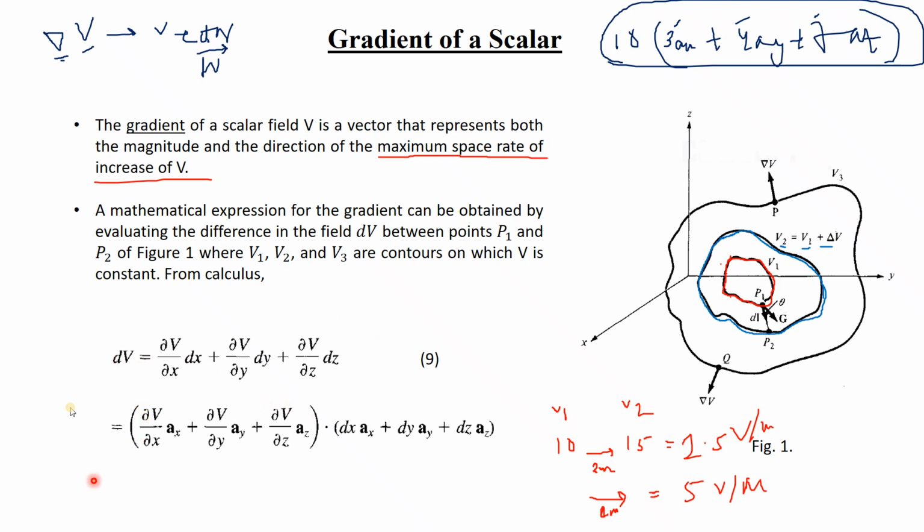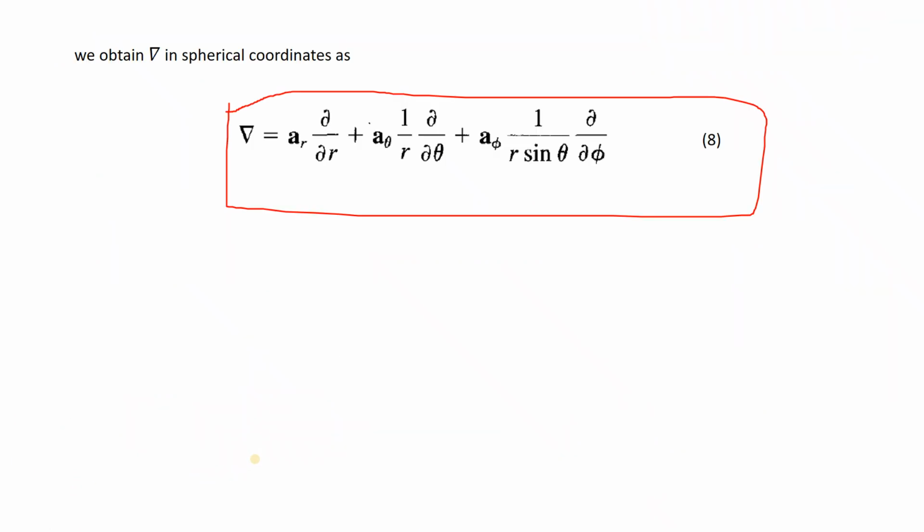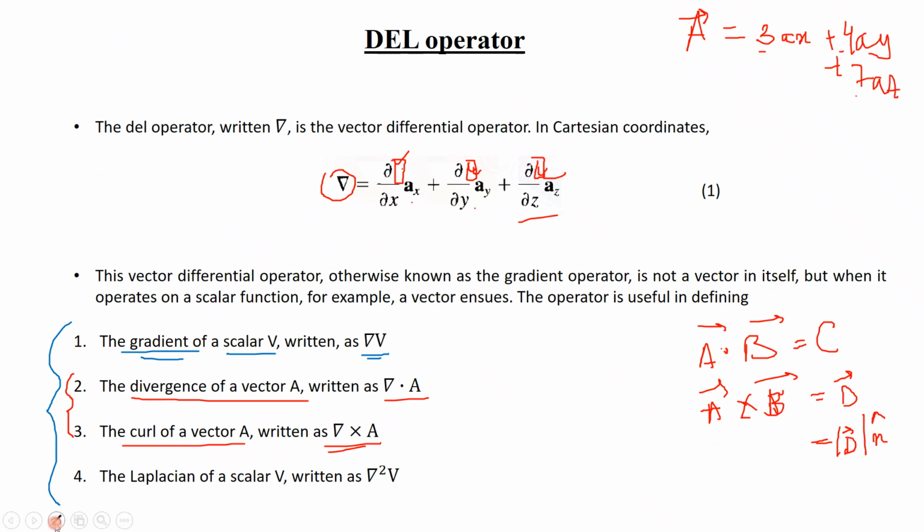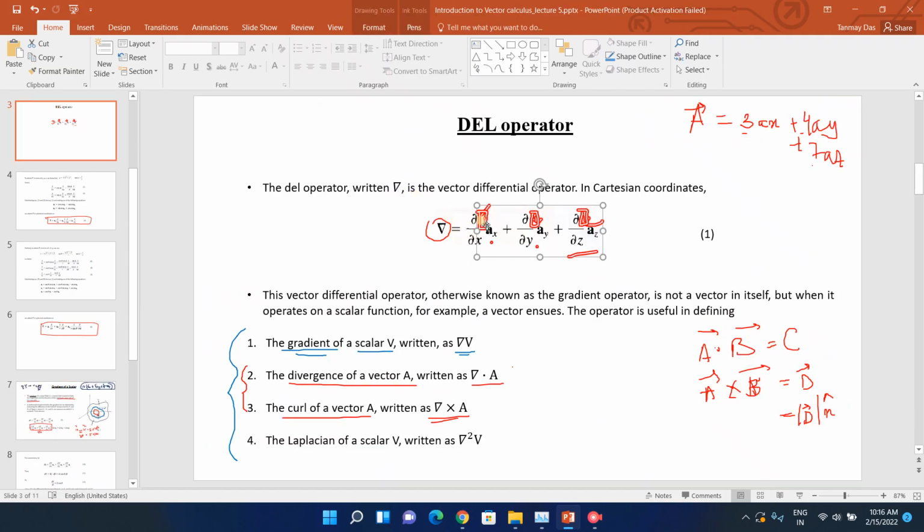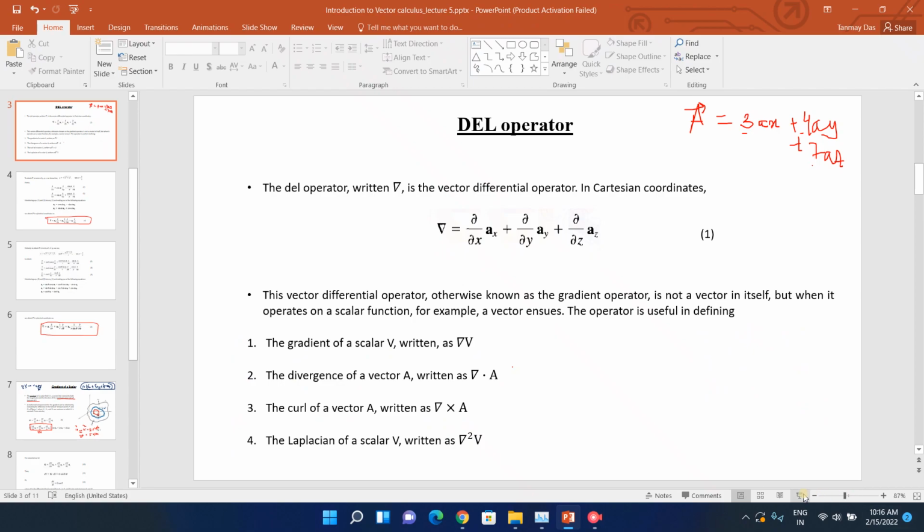Mathematically it is represented in this way. The increase in potential is represented by this particular equation, and you will see this term is actually the gradient of V. Over here I have shown you the equation of the del operator.